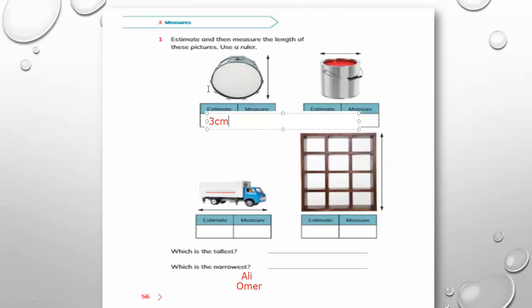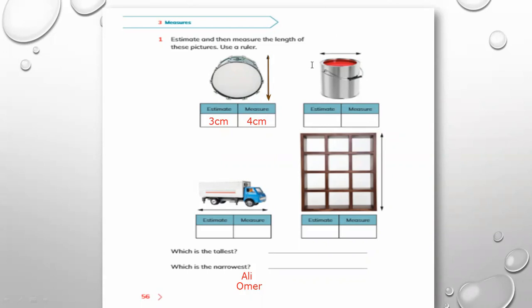Okay. Now we are going to put the ruler and measure from one side of the drum to the other. I check with the ruler. It is 4 centimeters. So what happened? Our estimation was near to the actual measurement.